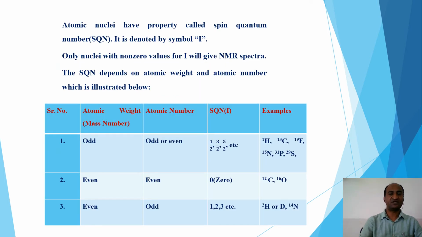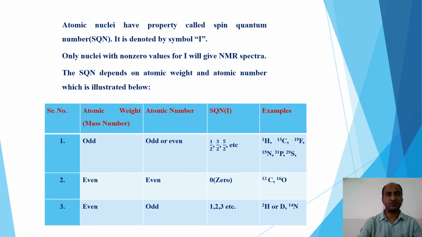One of the interesting aspects of NMR spectroscopy is that only selected nuclei will absorb in NMR. Not all atoms present in the periodic table will absorb in NMR.